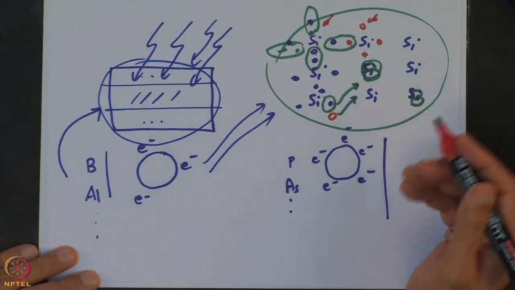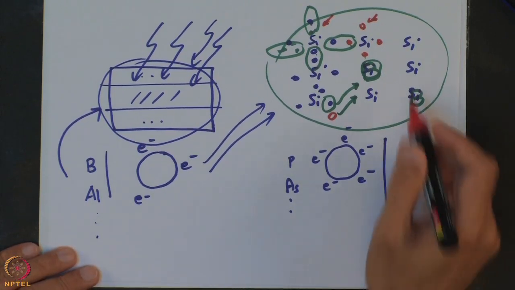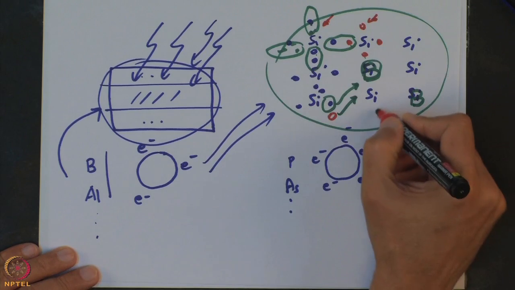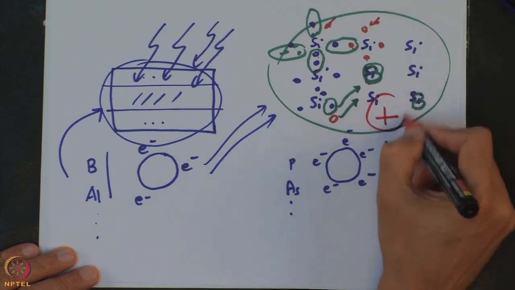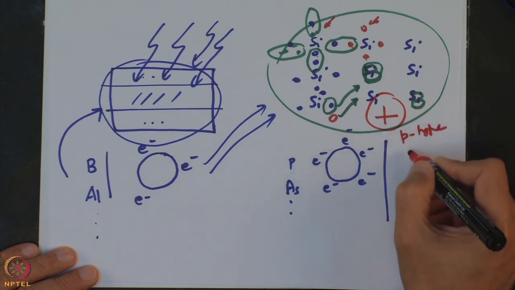Now, when many of these trivalent atoms are added, the structure becomes rich in holes, and because the hole is a missing electron which we associate with a positive charge, this entire structure becomes rich in positive charge carriers and is called a p-type semiconductor.